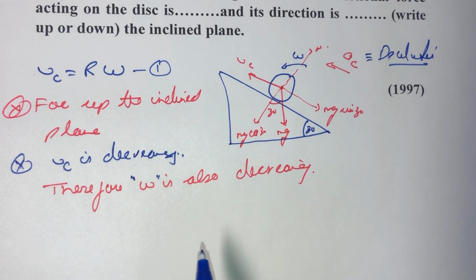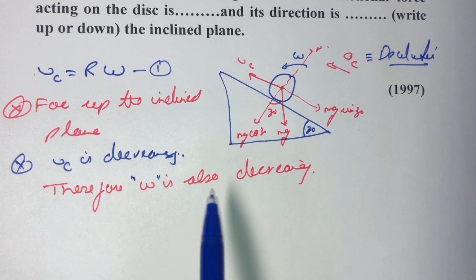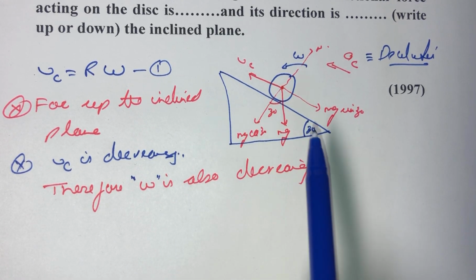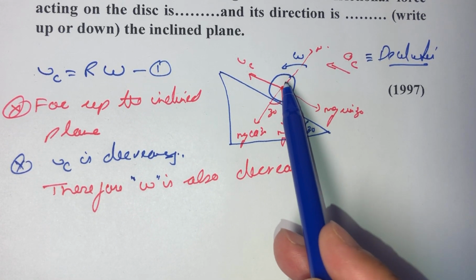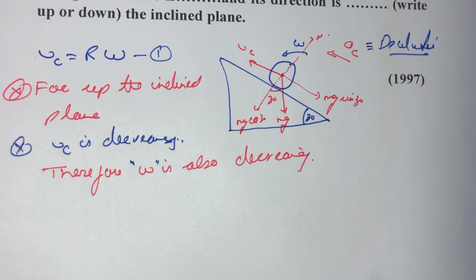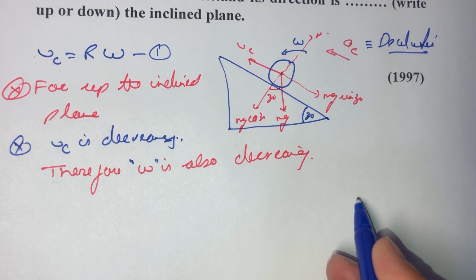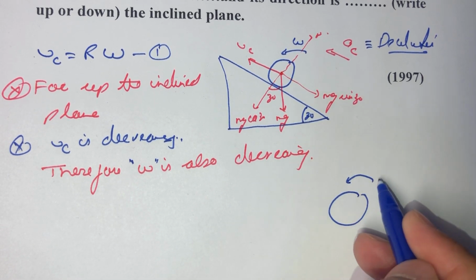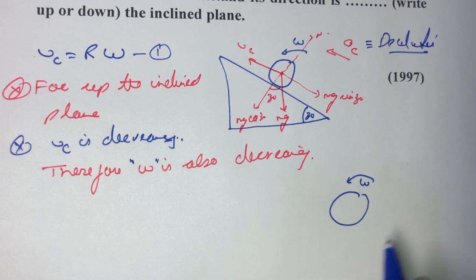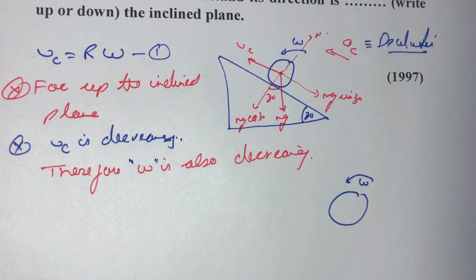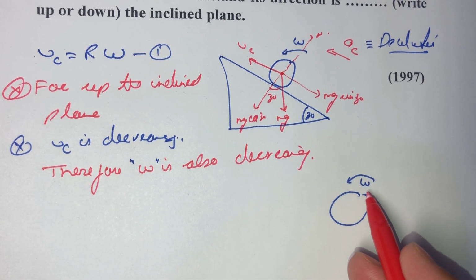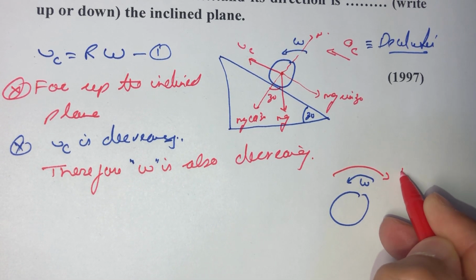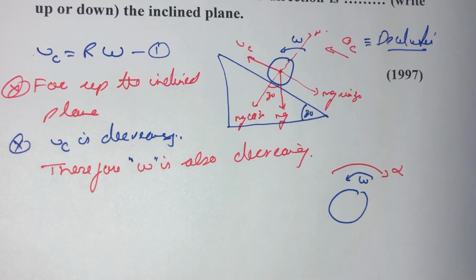Now in order to decrease this omega, there should be something opposing the angular velocity. Let me draw this independently here. It is moving with the angular velocity omega. In order to reduce the value of omega, there should be an angular acceleration alpha acting in the opposite direction.